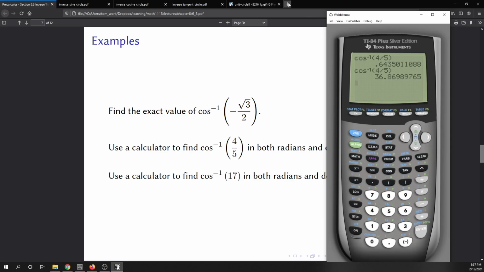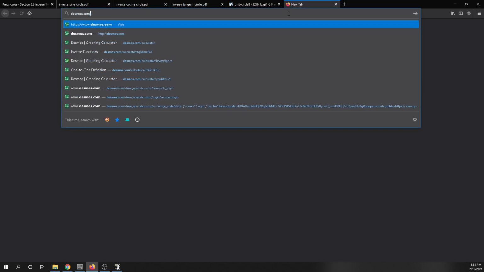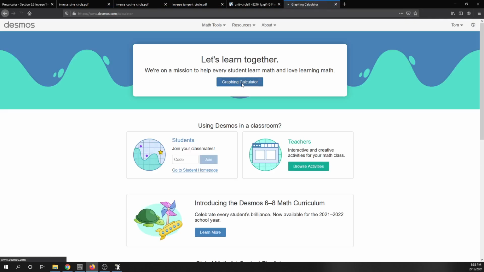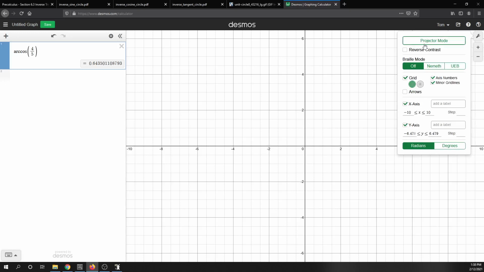And let's just double check it on Desmos. On Desmos, if you're using that, you're going to have to type it in as arc cosine. And then it's going to give it in radians. If you want to switch to degrees on Desmos, click the little wrench up here and then click degrees, and it will give it to you in degrees as well.